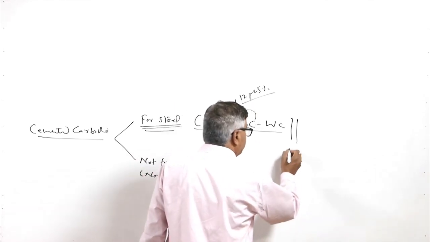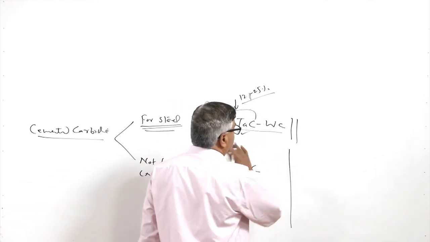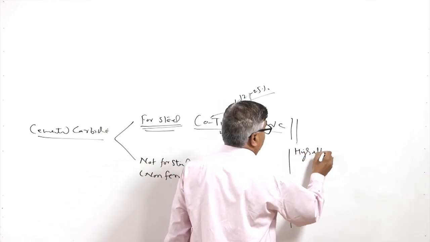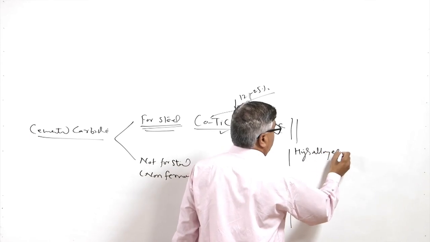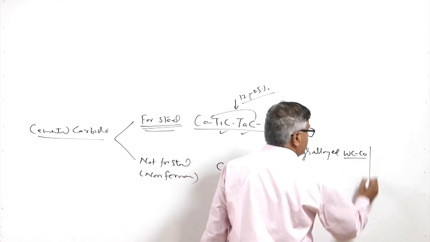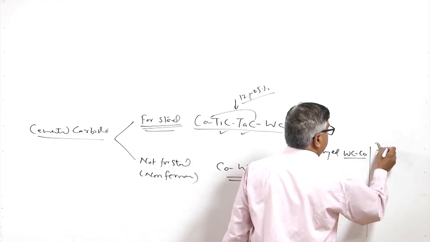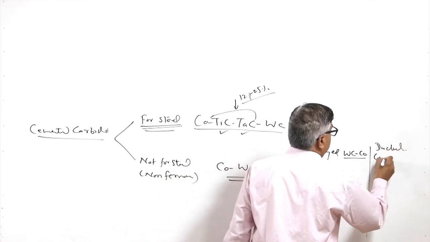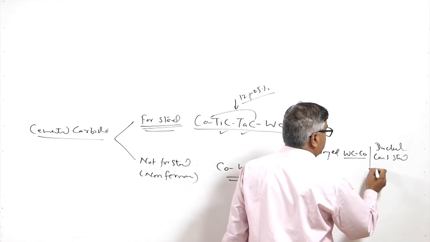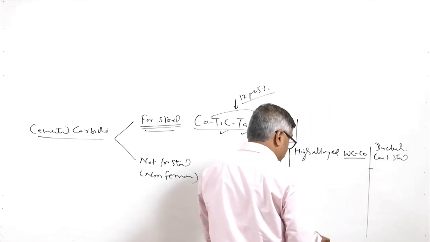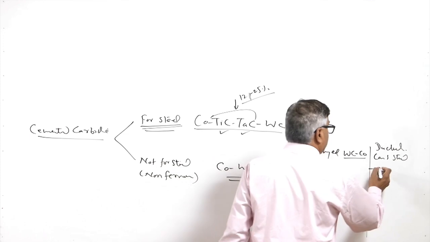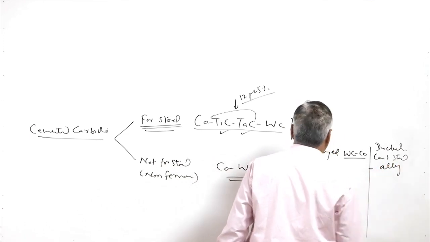A little bit more in detail, there can be different categories, like the high alloyed WC-Co insert. These are used for machining of ductile metals, cast steels and alloy steels.